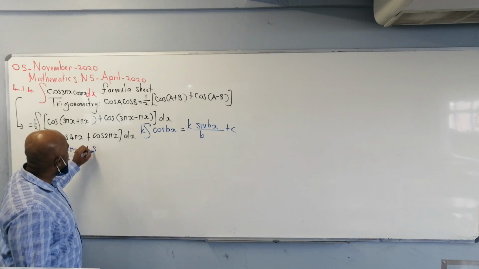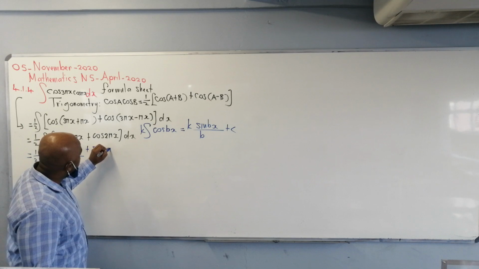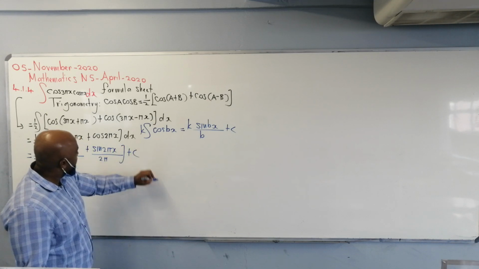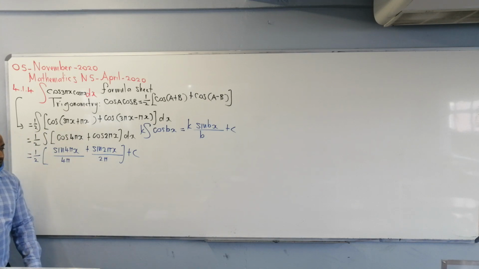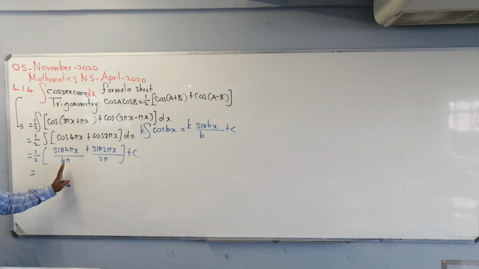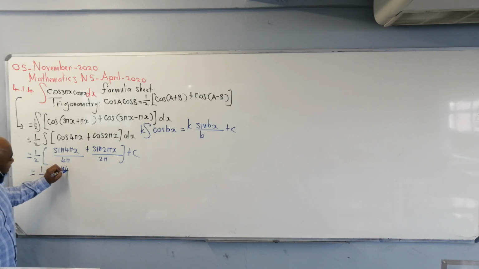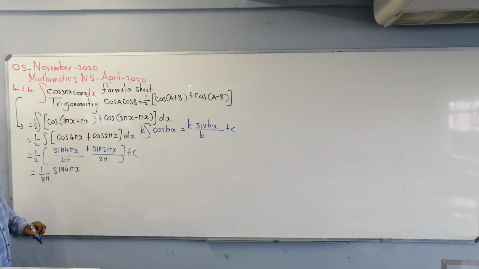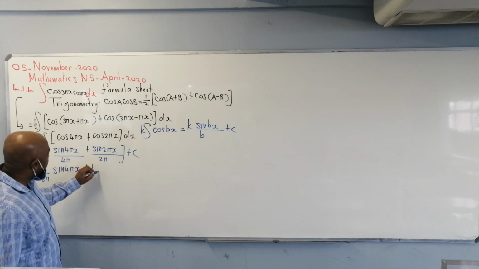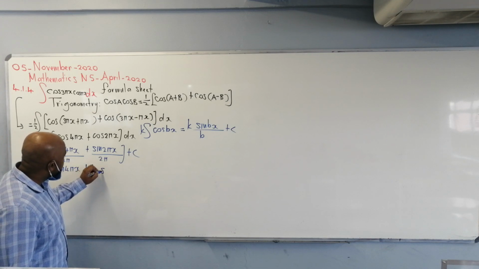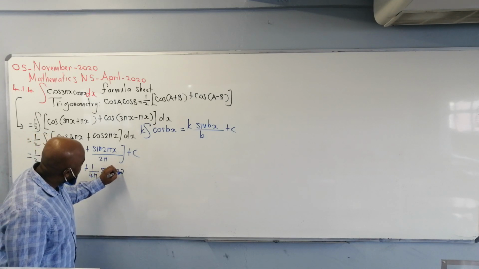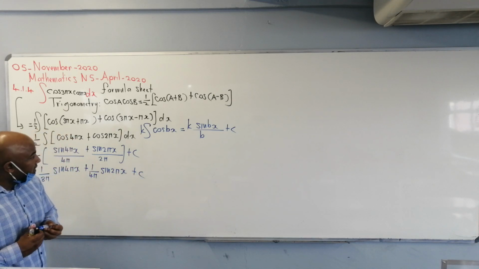Integrate cos 2πx, that's going to be sine 2πx all over 2π plus c. You can leave your answer like this, it's fine. Or if you want to remove the brackets, it's going to be 1 over 8π times sine 4πx, and that will be 1 over 4π times sine 2πx plus c.